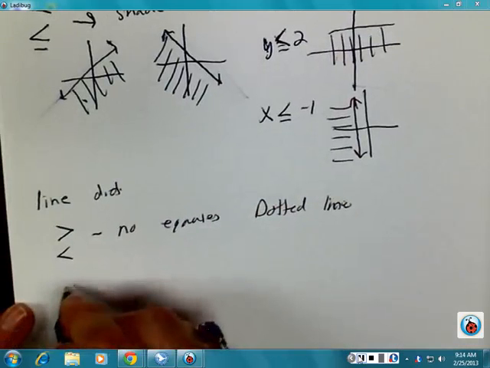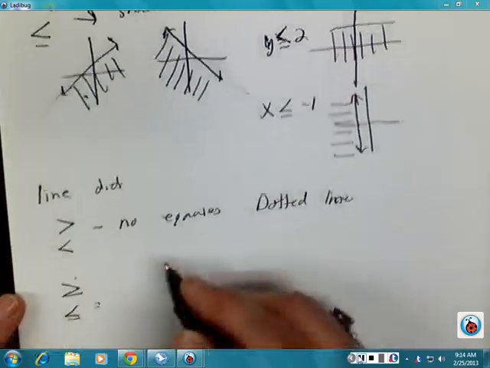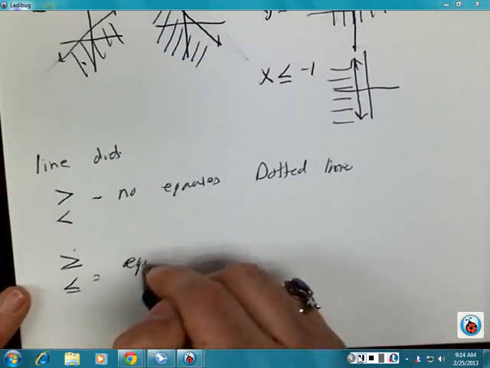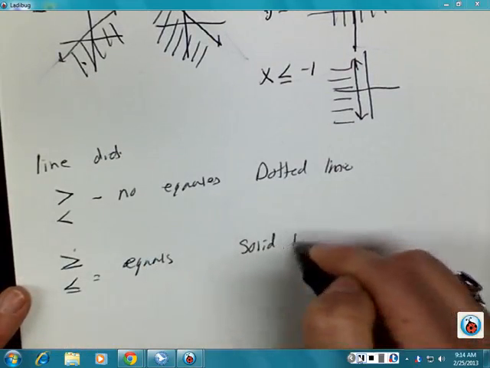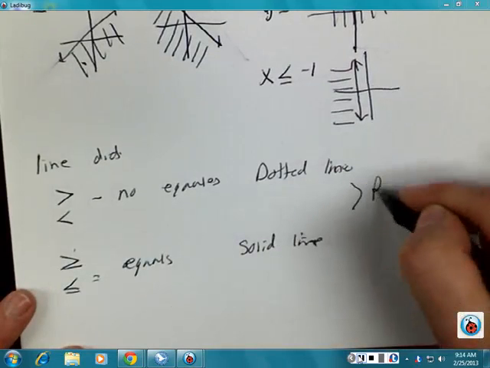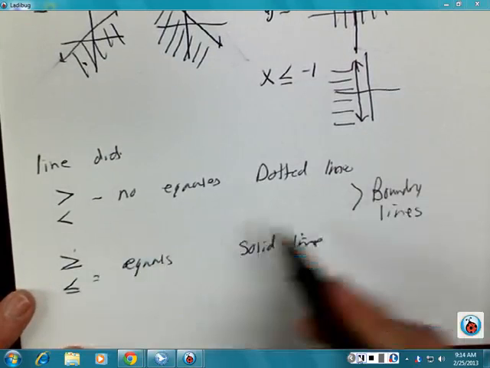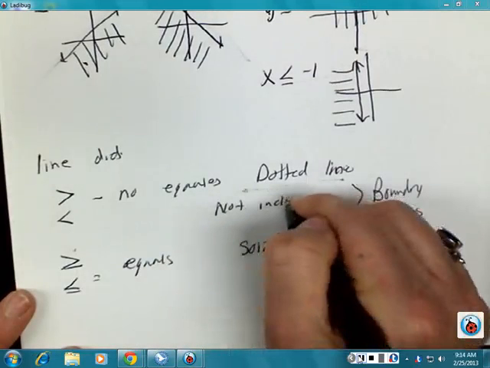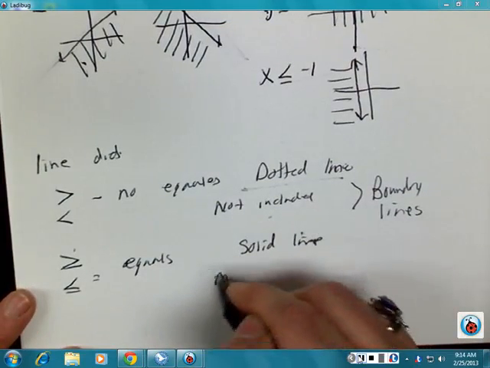If you had greater than or equal to or less than or equal to, so you had an equals, you did a solid line. And these are called the boundary lines in Hawks. A dotted line means it's not included in your answer. A solid line means it's included.